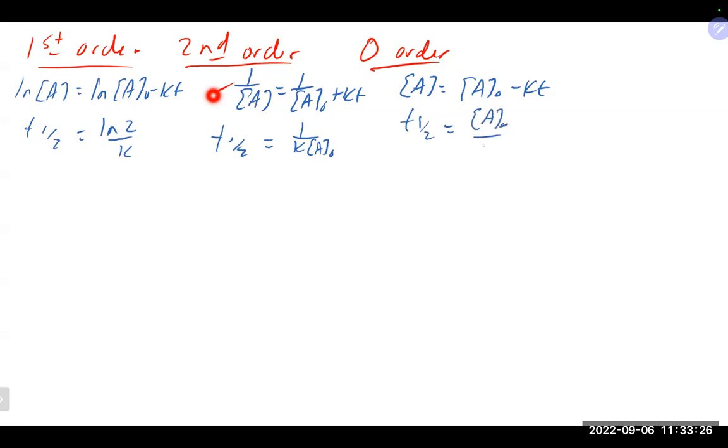initial over 2K. Also really important here are the units associated with the rate constant. Again, it will tell you basically the order of the reaction you're dealing with. So for first order, the units of the rate constant are typically 1 over seconds. As we talked about, it doesn't necessarily have to be seconds. It could be some unit of time, but it's really reciprocal time.